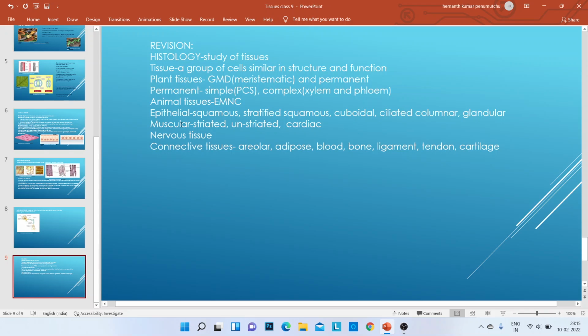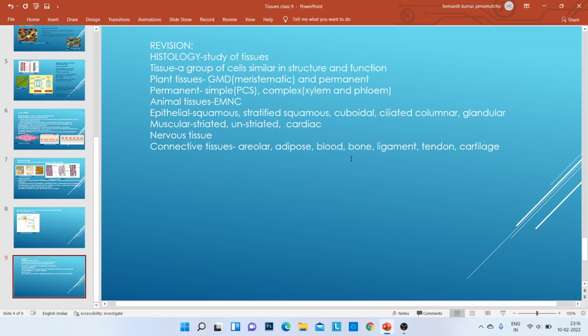Types of muscular tissue are striated, unstriated, and cardiac. We can also say striated means voluntary, unstriated means involuntary, and cardiac means heart muscles. Nervous tissue is another type of tissue, and the last type is connective tissue. Connective tissues are of different types, like areolar, adipose, which is fat storage tissue, and blood and bone, ligament, tendon, cartilage.